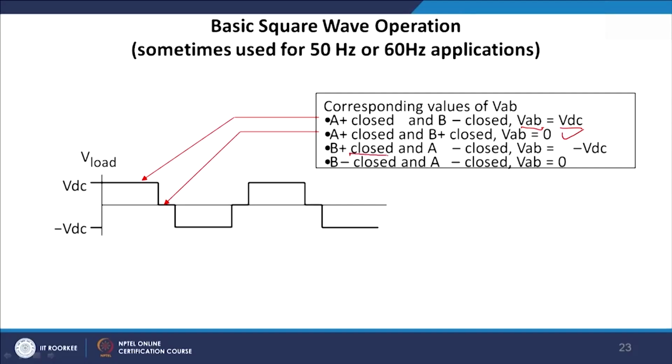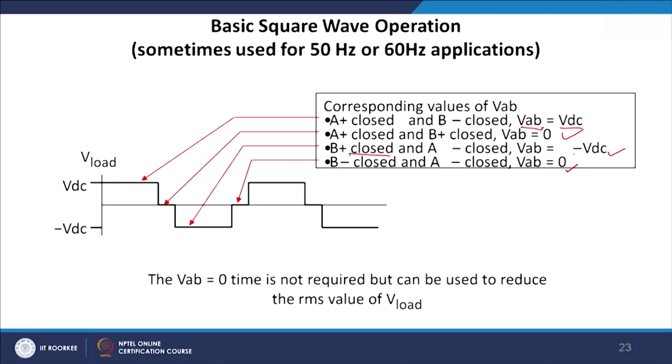Thereafter B is closed and minus A is closed, thus actually the potential reverses. Again thereafter all the lower switches are closed, minus B and minus A is closed, so you are getting a voltage of 0 volt. So this is actually the case.